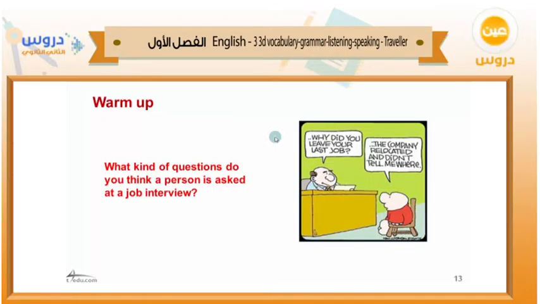Then they ask you why you are interested in our company. Why you're interested to work for us, or why did you leave your previous job? Such questions will be asked maybe in every job interview. Now, predicting them and preparing yourself for these questions will help you a lot feel relaxed and answer them in a very confident way.